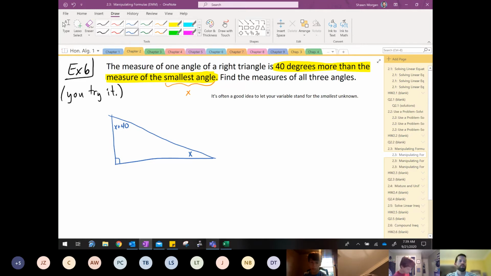It's an open-ended question, I know. What do you think, Jack? Maybe x plus 40 plus 90 equals 180. Holy cow, dude, you hit it out of the park. Well done. Where did you get that equation, if you don't mind asking?